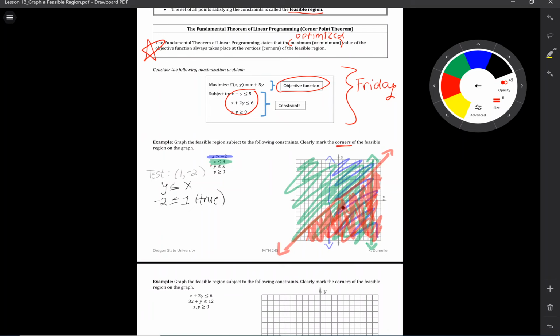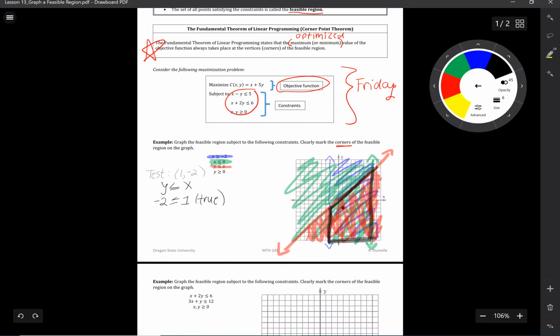Finally, I have y is greater than or equal to 0. So far, just to recap, my feasible region is in between my two vertical lines where I have the red portion as well. So far, my feasible region is right here.